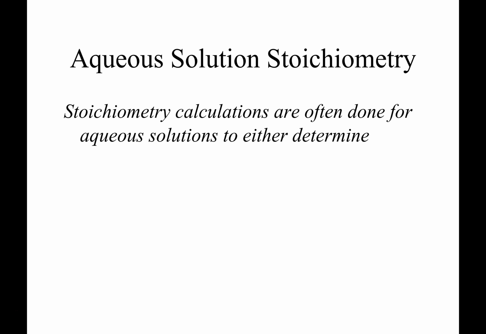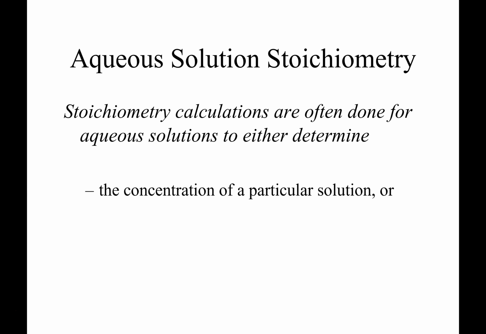So broadly speaking, the two types of stoichiometric calculations involving aqueous solutions we run into are this. One is that we are given enough information to find the molarity of something else. I keep saying that something else would be a reactant, but it could be a product, the molarity of a product.